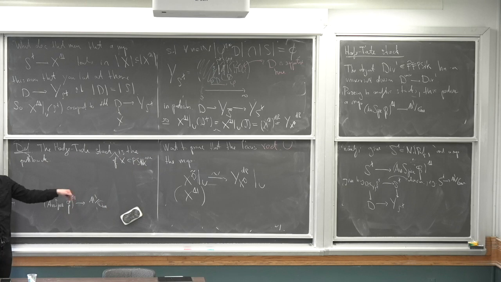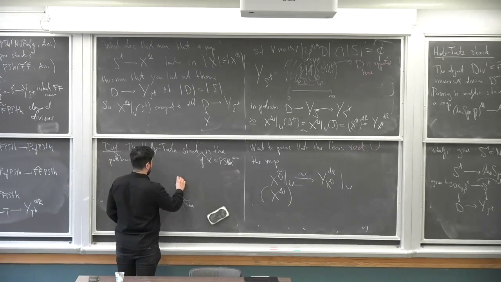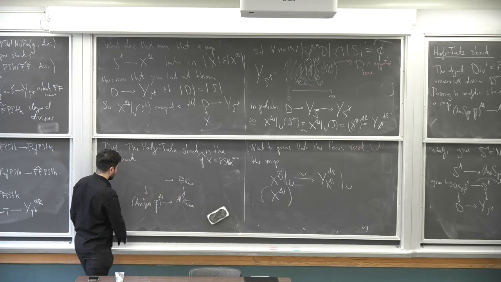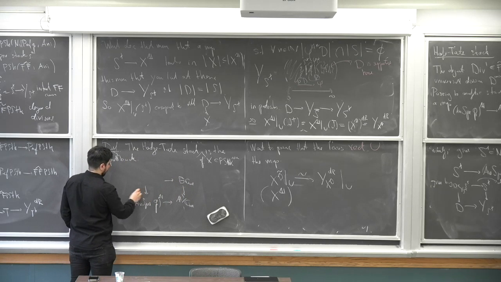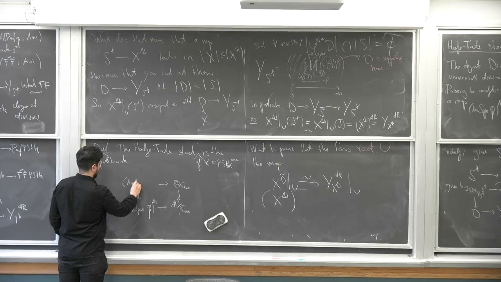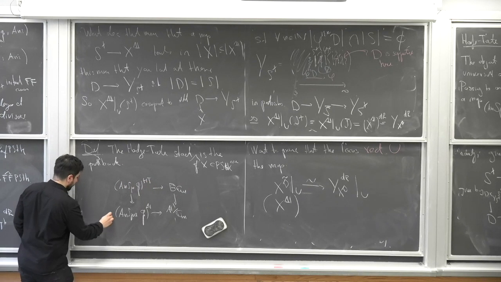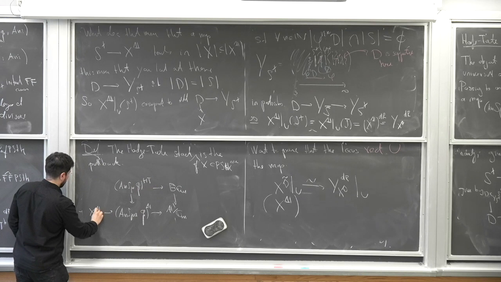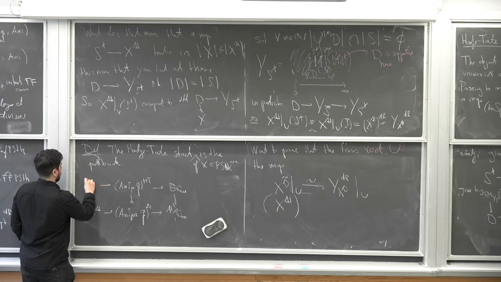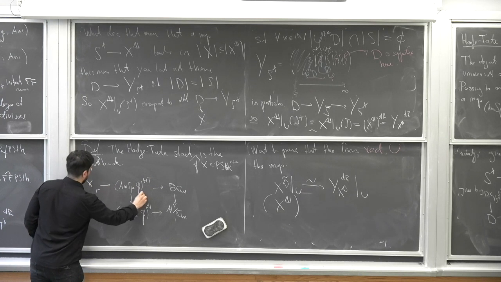We have the zero section that is stable. So we have this Gm here. And okay, this gives you the stack P. Again, if you just go back to the prismatization, you end up with the Hodge stack.